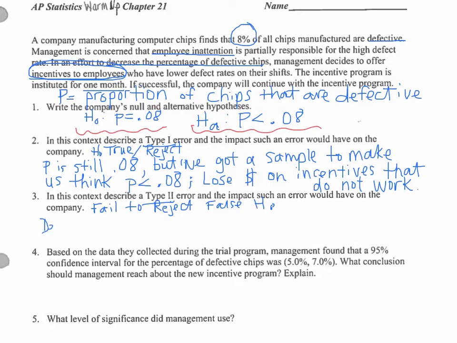So the proportion of defects is less than 0.08. So in other words, the incentive program is working, but we do not detect that.